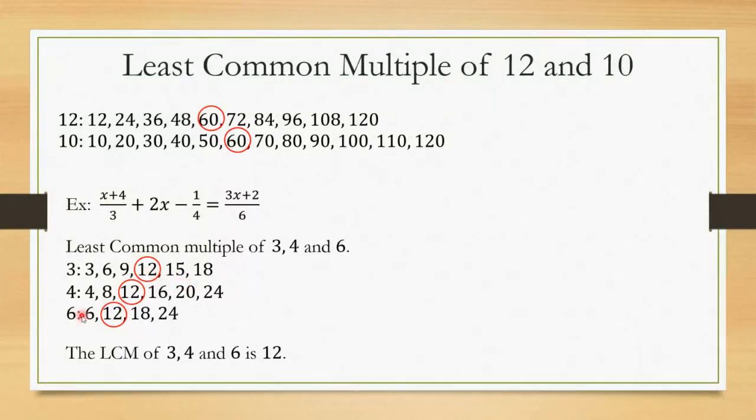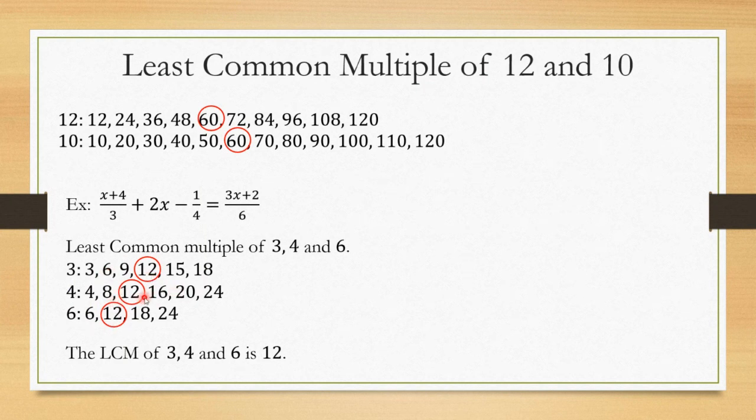What about 6? 6, 12, 18. Up to 12, we can see 12 is in fact the least common multiple. You do have to go far enough out until you get a common element in all these lists.